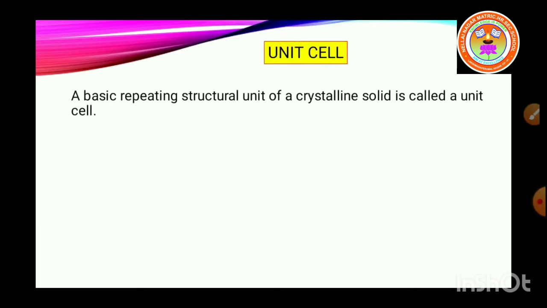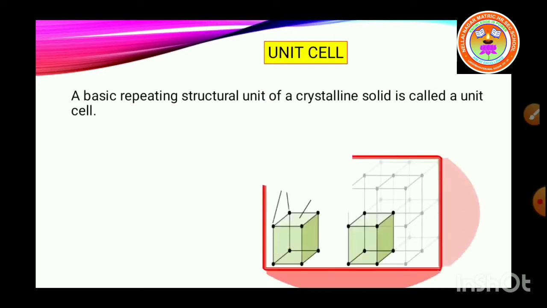And the second one is, what is unit cell? This is a very important 3 marks question in this chapter. A basic repeating structural unit of a crystalline solid is called a unit cell. Let's see the diagram. It is clearly indicated what is unit cell.